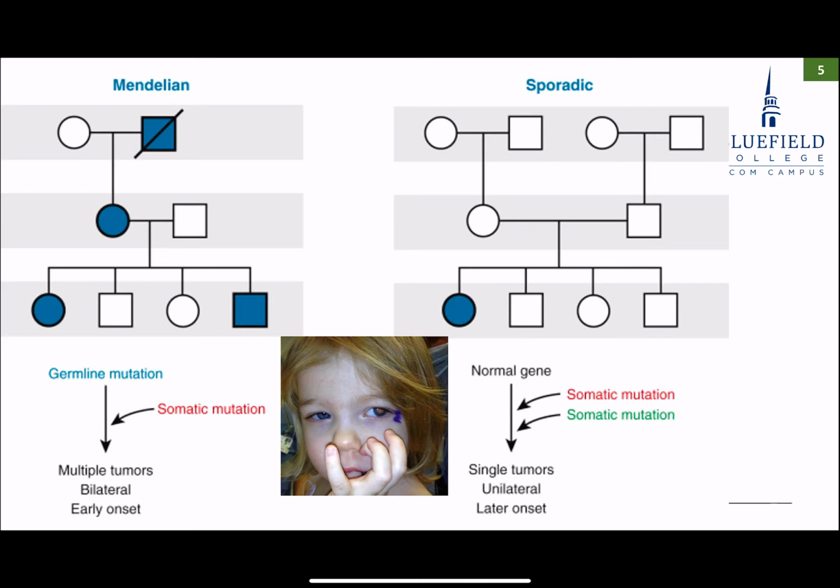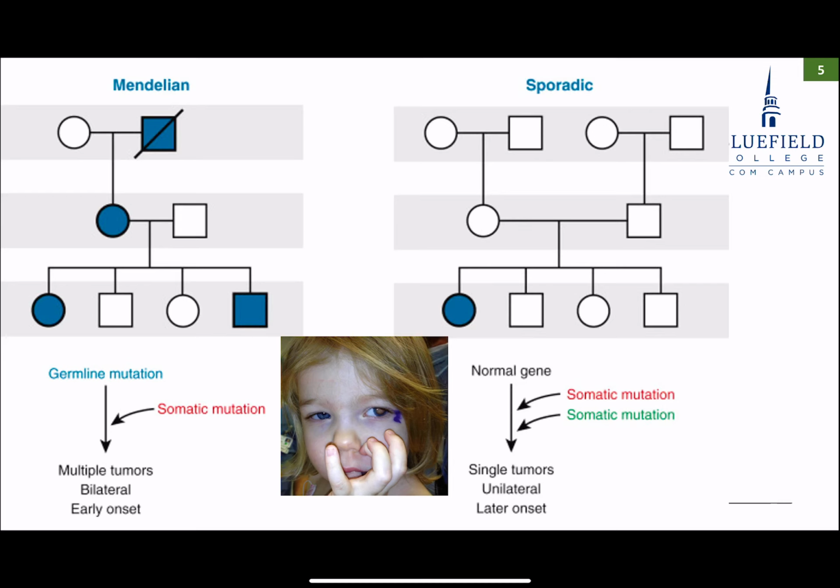It's because of this germline mutation, the first mutation, that is inherited from parents. For example, this female might be a carrier, and she may never develop the cancer, but the risk is higher because it takes only a second mutation in somatic cells in the eye to result in retinoblastoma.